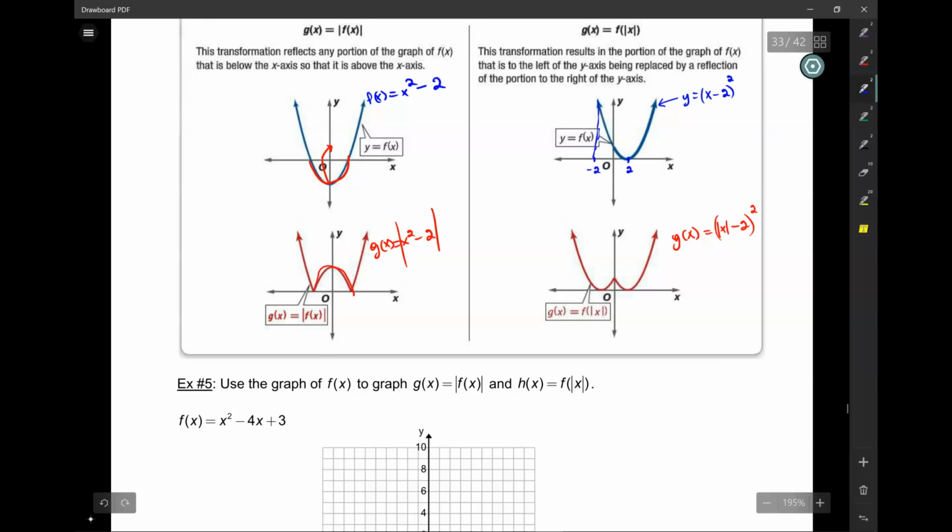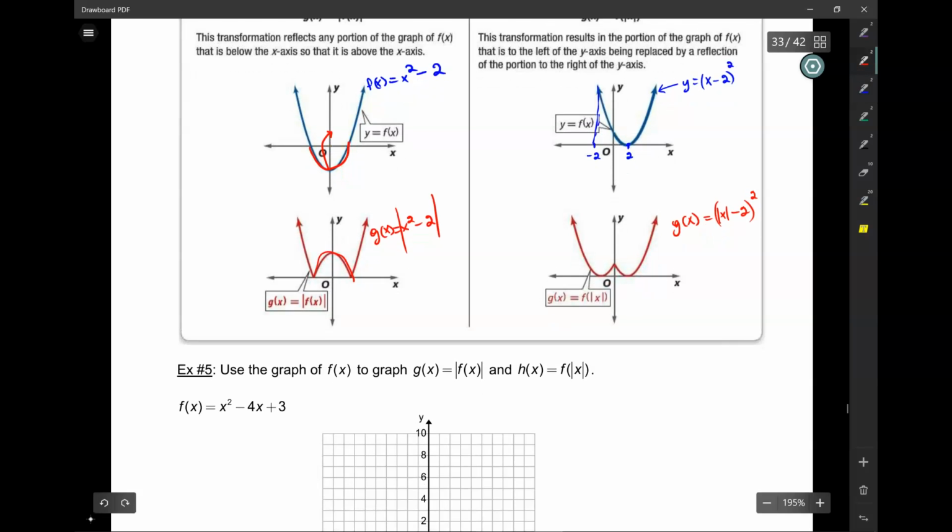Let's think about that one more time. You give it x equals negative 2. It says, no, x can't be negative 2. I'm going to change it to positive 2. What is f of positive 2? 0. So at negative 2, it gives it the same value as what it was for positive 2. Okay?